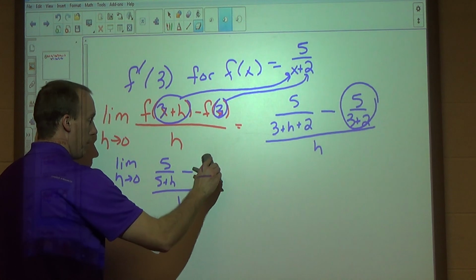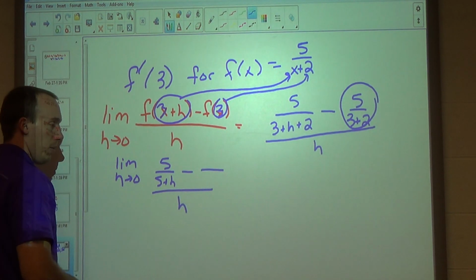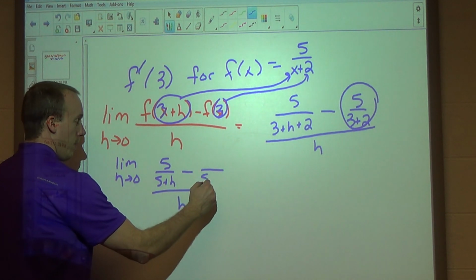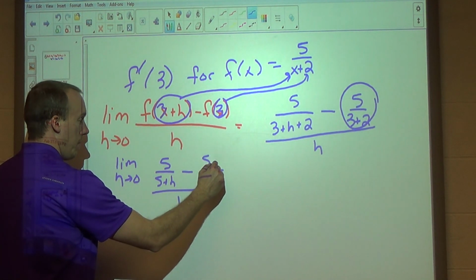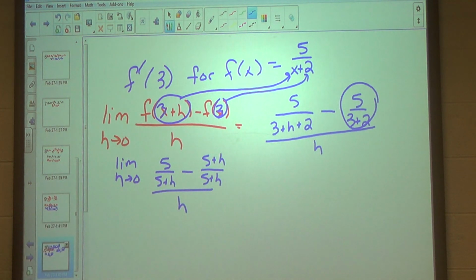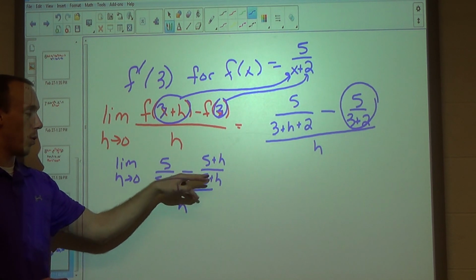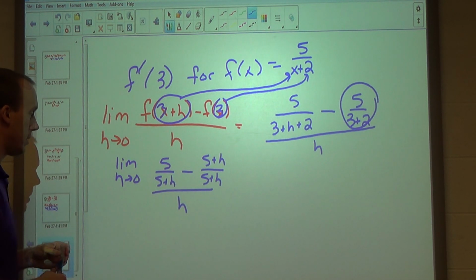So this 1, I'm going to actually make a fraction. What would the common denominator be? 5 plus h on top and bottom. So I turn that 1 into a 5 plus h on top and bottom, because that's what this denominator is here. It would have been 1 over 1, but then you multiply by that, and 1 times that gives me that.